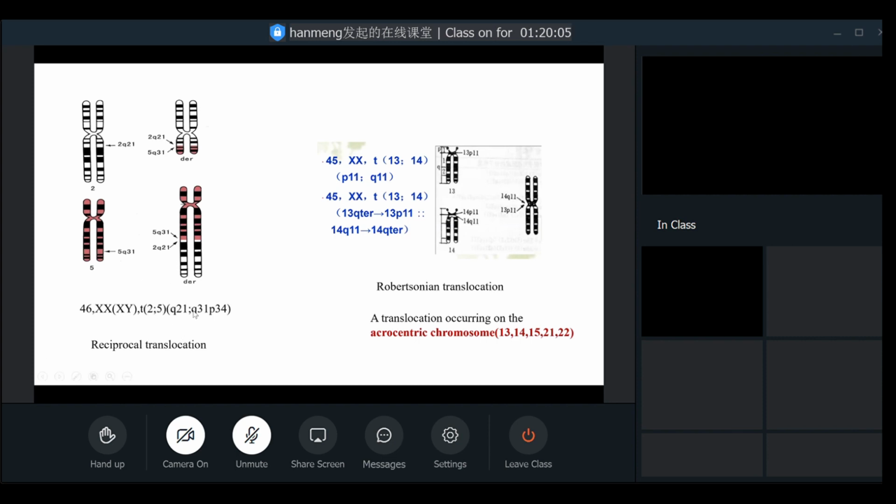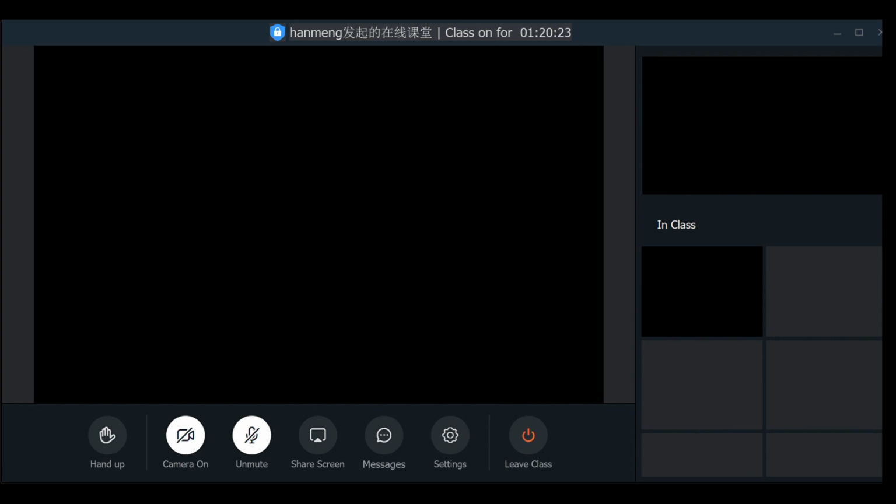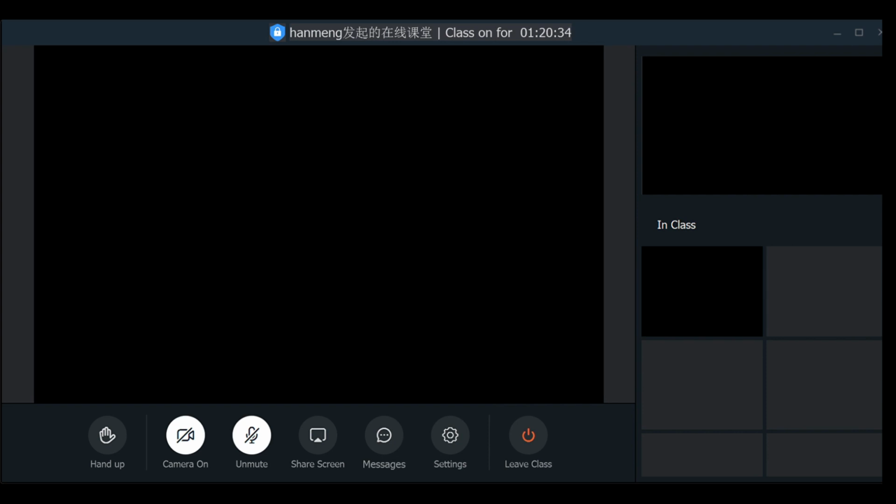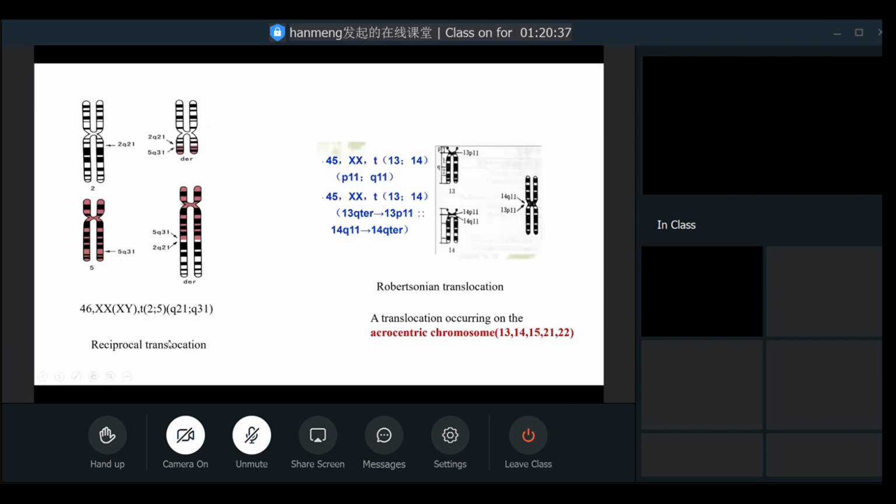Then in chromosome 2, the breakage point is Q21, and in chromosome 5, the breakage point is Q31. The translocation can be described like this.